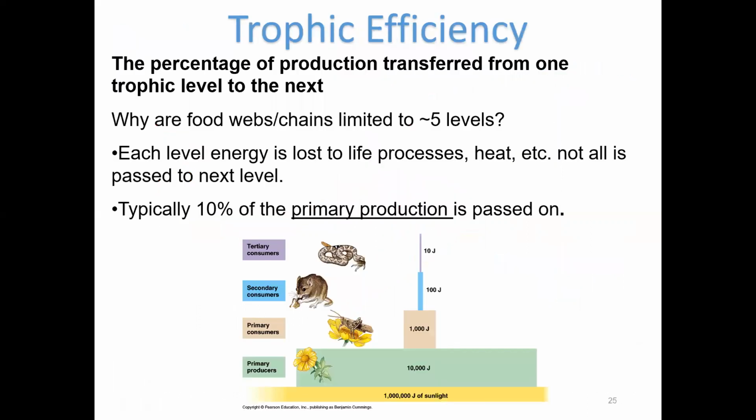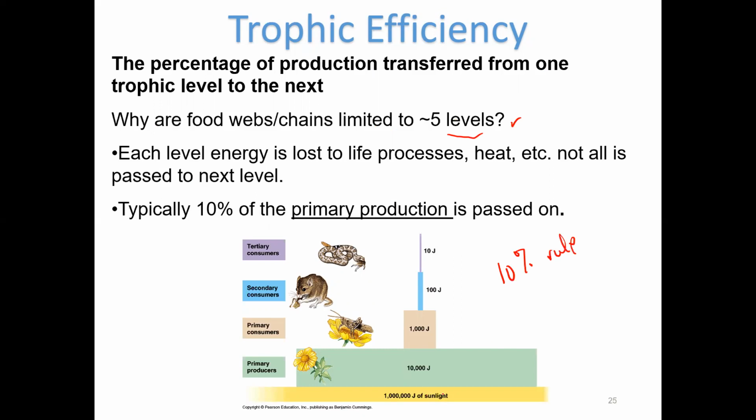So trophic efficiency speaks to how much energy is passed on to the next trophic level, the percentage of production transferred from one to the next. This sort of explains why there are not more than five trophic levels in a food web or food chain, simply because no more energy would be left. We essentially call this the 10% rule.